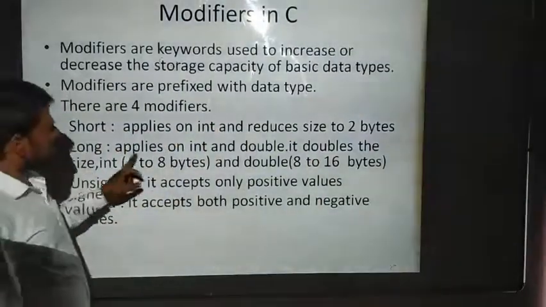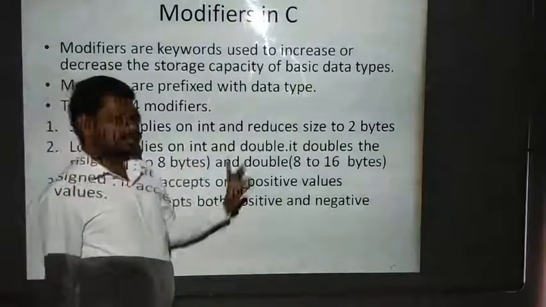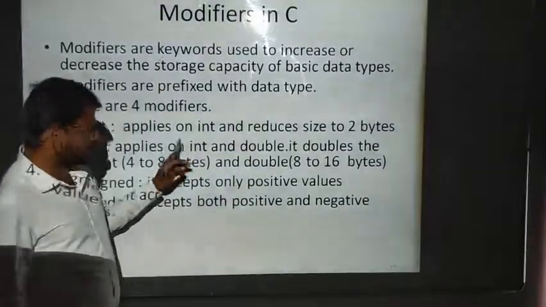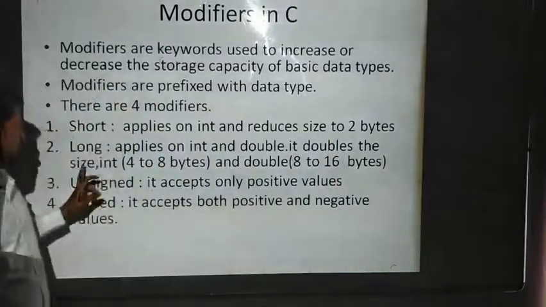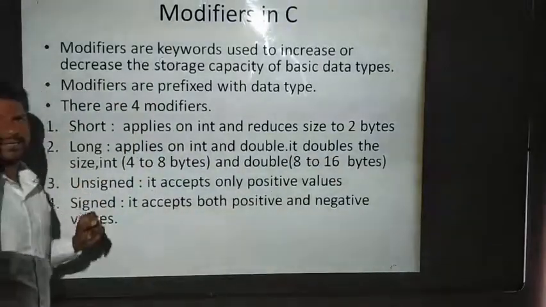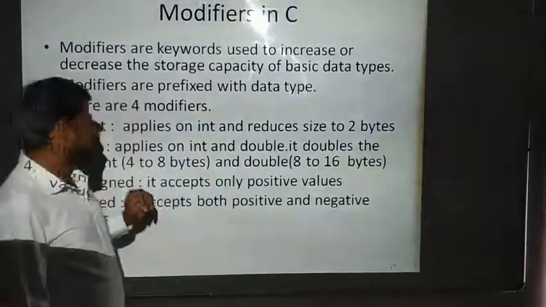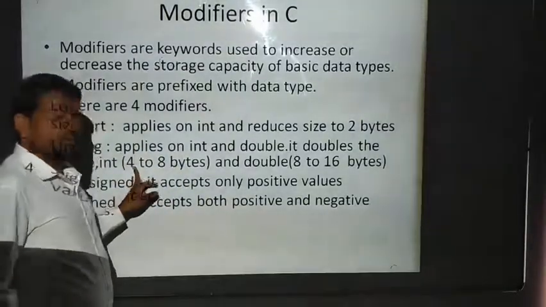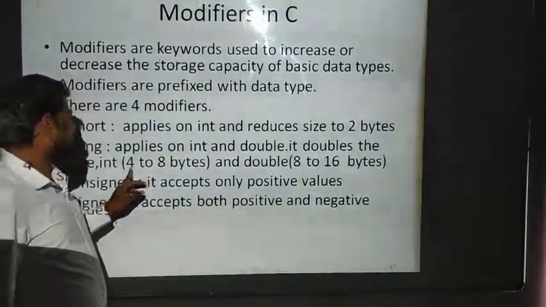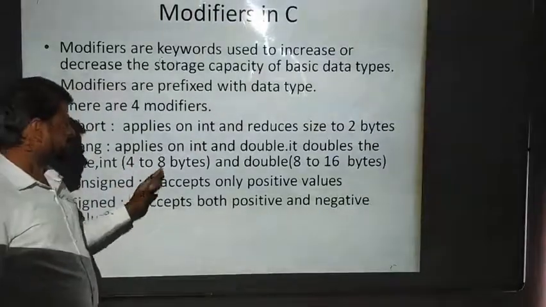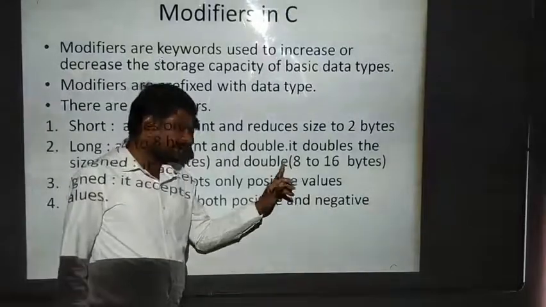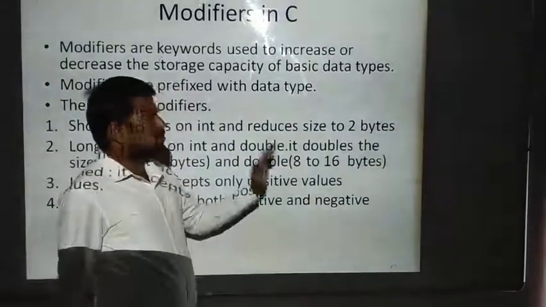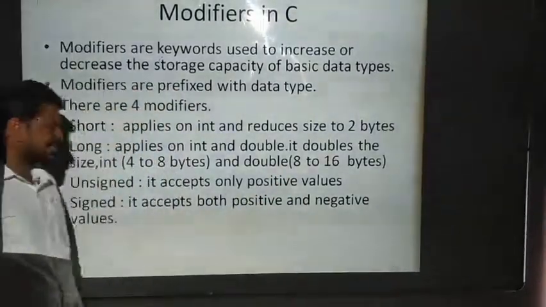Long applies on both integer and double. It doubles the size of the integer. If the data type is 4 bytes, it will increase to 8 bytes. If the data type is 8 bytes, it will increase to 16 bytes, meaning it doubles.